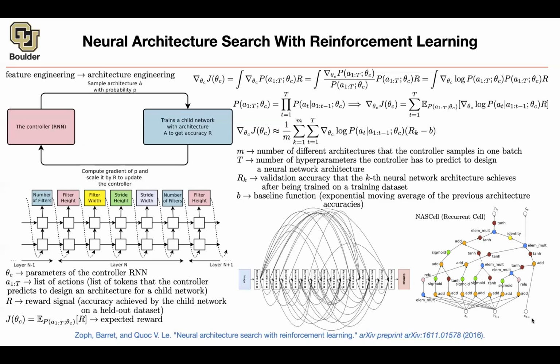Sometimes you're going to forget, add information, etc. And then out of these operations, you're going to get the hidden unit for the next state and your memory cell. And this is not an LSTM. This is not a gated recurrent neural network. This is not a basic recurrent neural network. This is a recurrent cell that is coming out of neural architecture search.